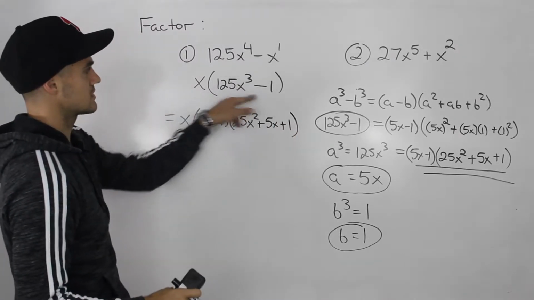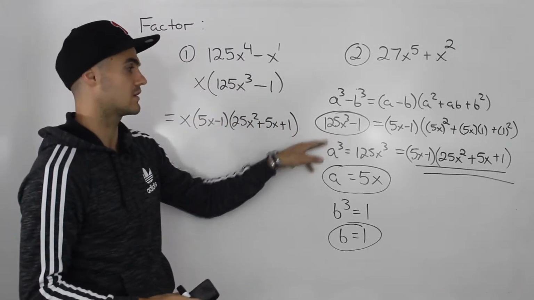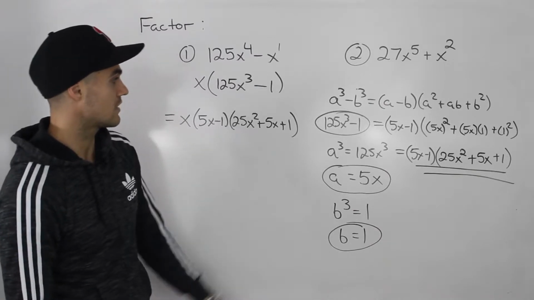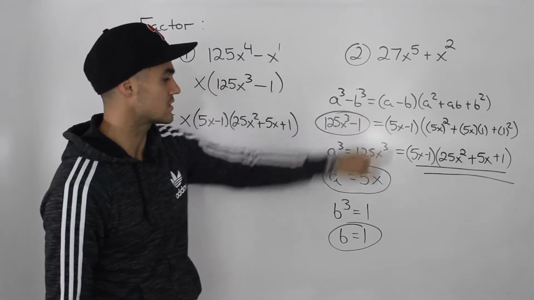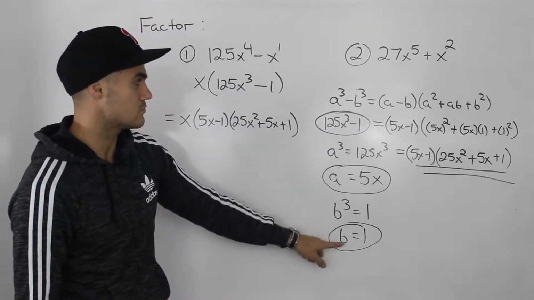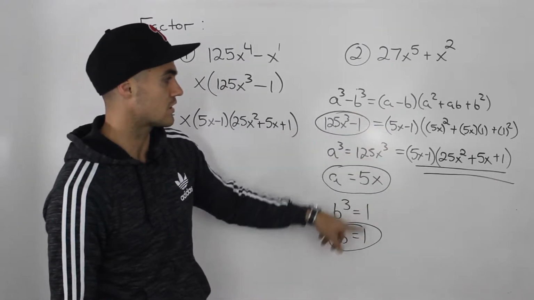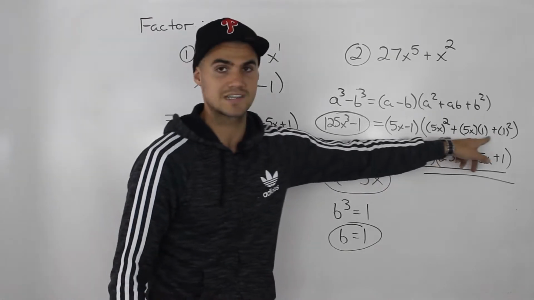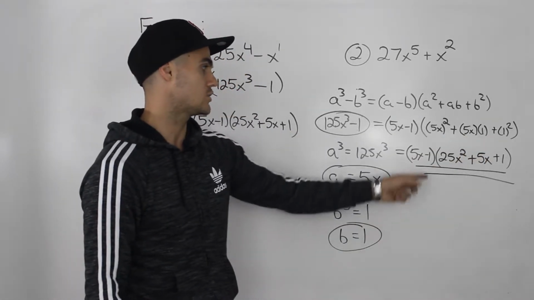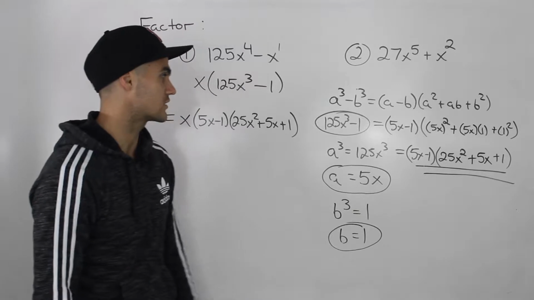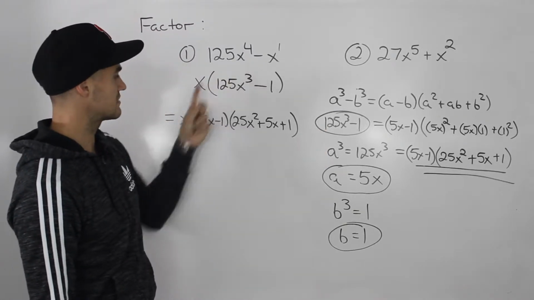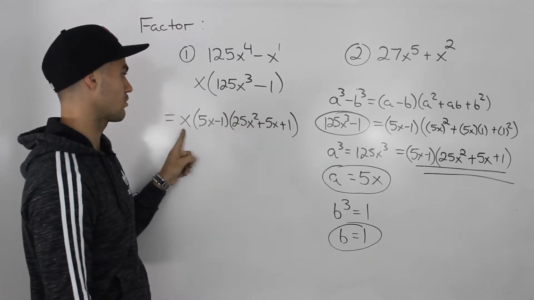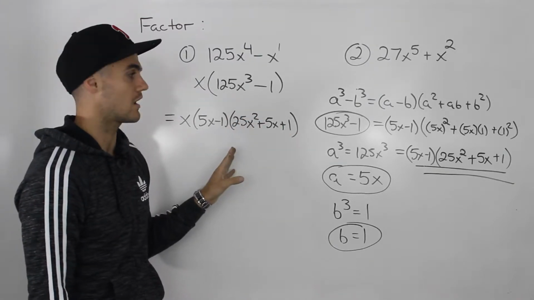So we took this difference of cubes and we factored it on the side. The most important thing is figuring out what is your a value to plug into this equation. A value, b value, once you have those, make sure that you're always putting brackets, especially in the second bracket here. And then you end up getting that factored difference of cubes, and then you could bring it back here. So this factors into this here. 3 terms, and we can't factor any more.